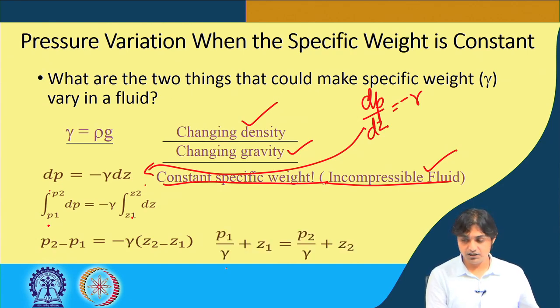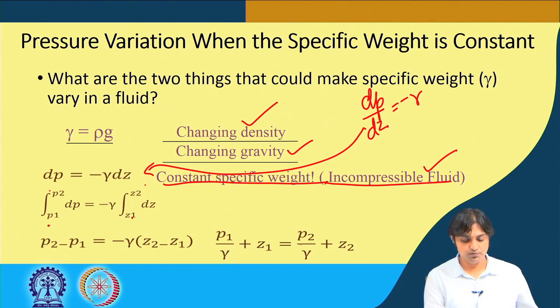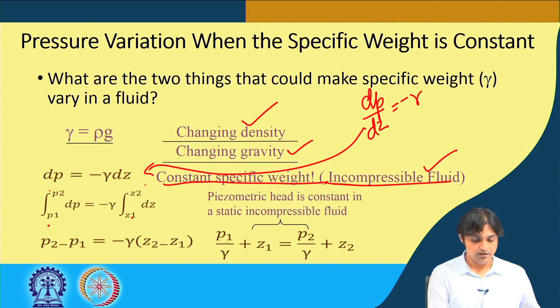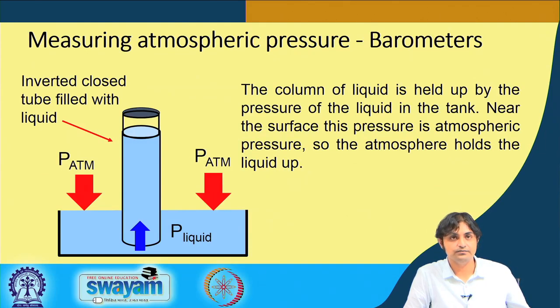So rearranging will give this one, P1 by gamma plus Z1 is equal to P2 by gamma plus Z2. Great. So this is called piezometric head, and this head is constant in a static incompressible fluid. That is one important take from this slide, okay.